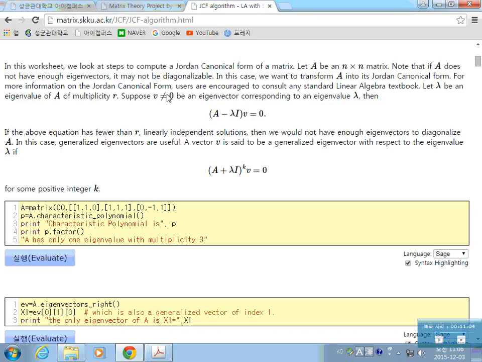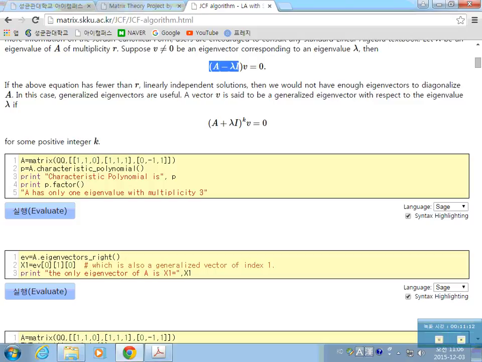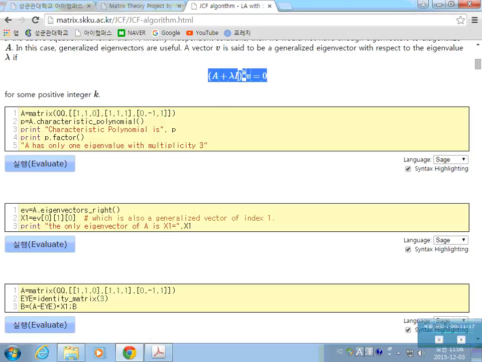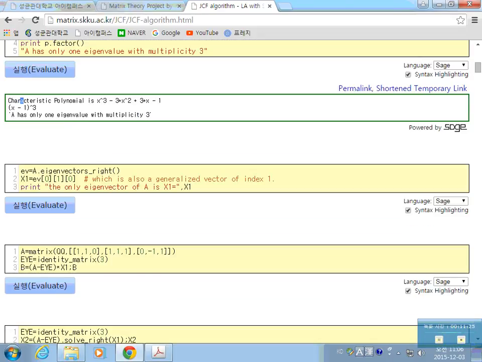Here we introduce how to compute the Jordan canonical form of a given matrix and the generalized eigenvectors. You know how to find the eigenvalues and eigenvectors, and how to solve the linear system of equations. To find the eigenvalues, you need the characteristic polynomial and its factors. Here A has only one eigenvalue, which is 1, whose algebraic multiplicity is 3.